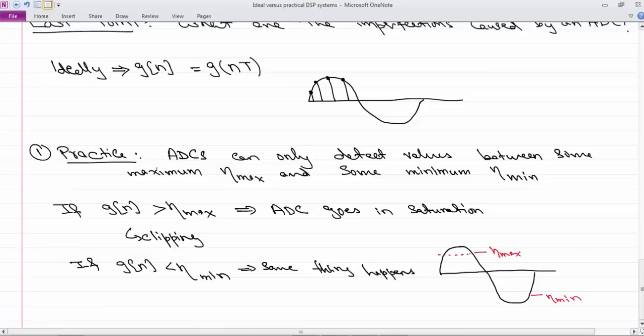So up to this point, the ADC will record everything as it is, but once it gets to this point, which is in the range where the signal value has gone above the maximum, the ADC will saturate. It will just record this value, the maximum, that's it. Similarly here, and then it will return back to its normal operation when it is within the range. When again it goes below the eta min limit, then it will just record this value.